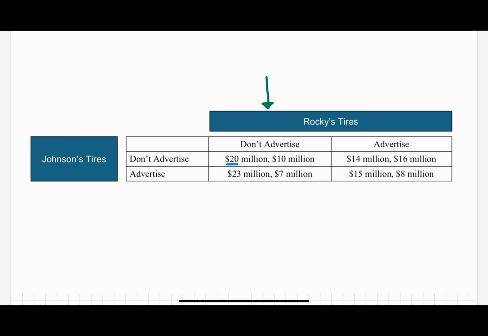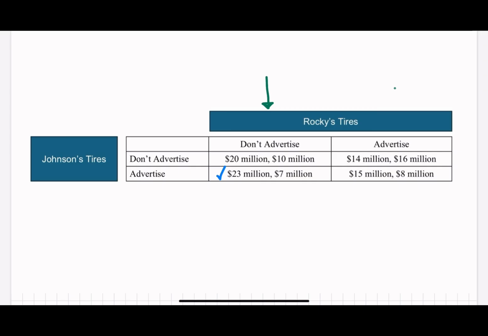If they choose not to advertise, they would get $20 million in profits. But if they choose to advertise, they would get $23 million in profits. Well, 23 is greater than 20, so we're going to put a check mark here, because if Rocky's Tires decides to not advertise, it would be in Johnson Tires' best interest to advertise.